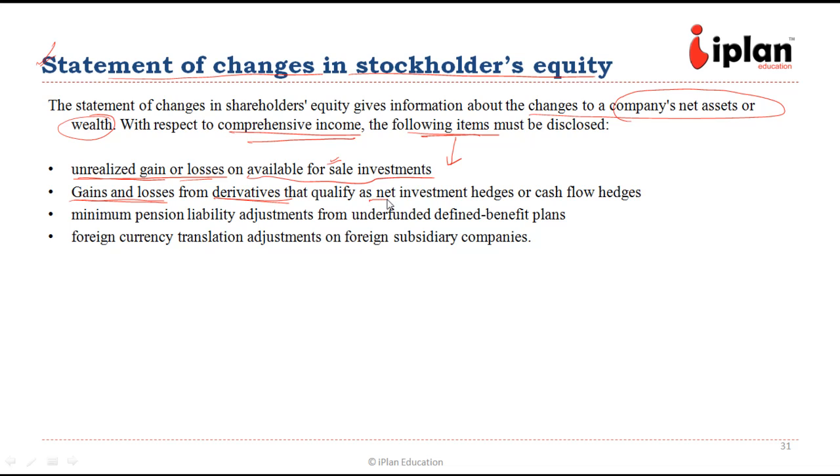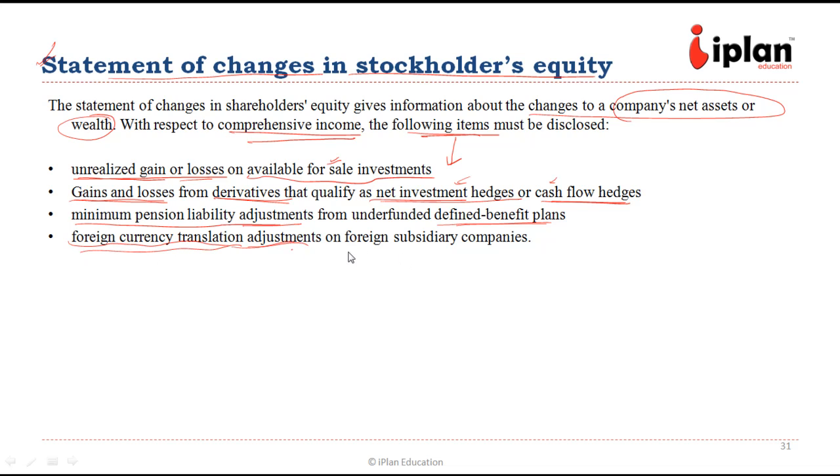Then gains or losses from any derivatives that qualify as net investment hedge or cash flow hedge. So if we are using this derivative for hedging a cash flow or investment, then gains or losses from that should be a part of the comprehensive income, which should be disclosed. Then if there is any minimum pension liability adjustment for defined benefit plans, then that should also form part of this comprehensive income.